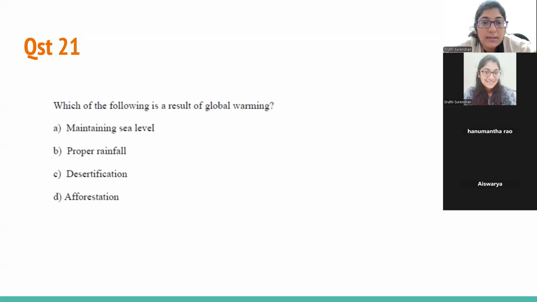Now, which of the following is a result of global warming? Sea level, proper sea level maintenance, proper rainfall, desertification, or afforestation? Correct answer.